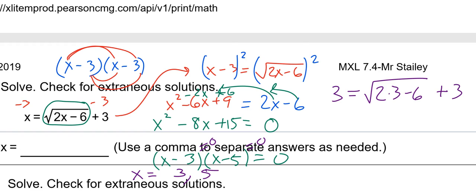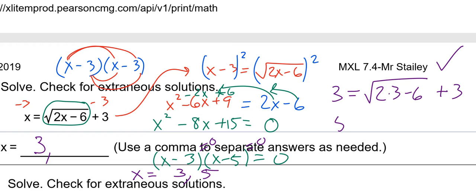Does the left side equal the right side? Start working it out and tell me if the left side equals the right side. What's under the radical? 0. So this does. It has 3 on the left and 3 on the right, so that checks out. So I know that 3 is a good answer.